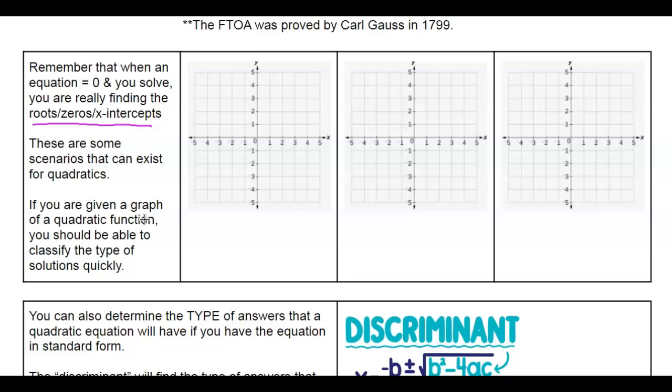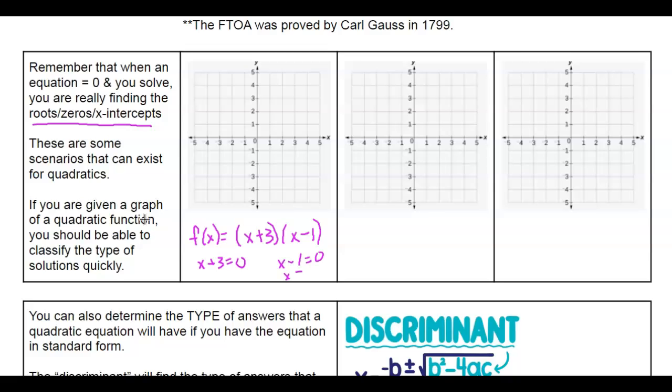So there are some scenarios. There's 3 scenarios that can exist, okay? So the first one is when we had 2 roots. So let's just say when I solved my quadratic, I had the factors f of x equals x plus 3, x minus 1. And so we would take those factors, set them equal to 0.